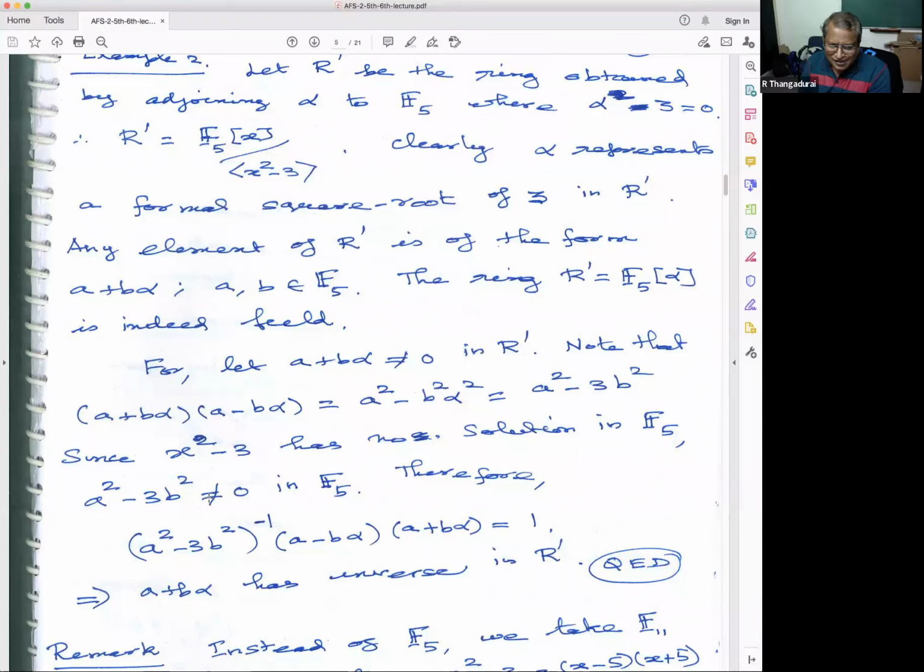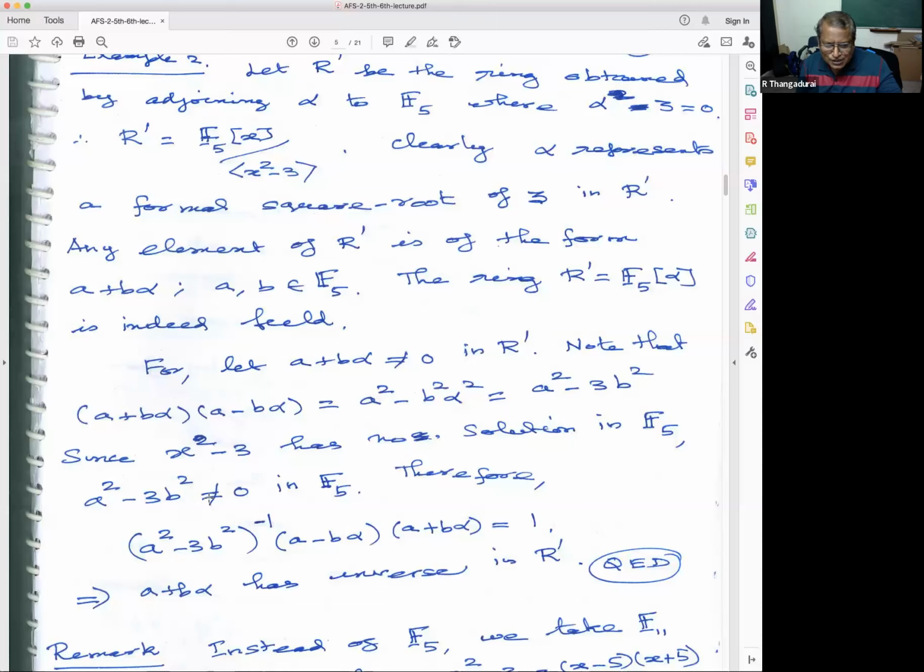Suppose it is zero, then a by b whole square equals 3.